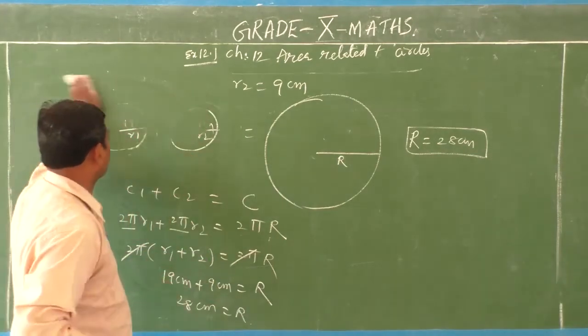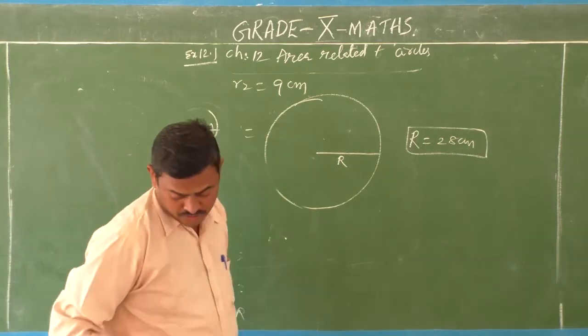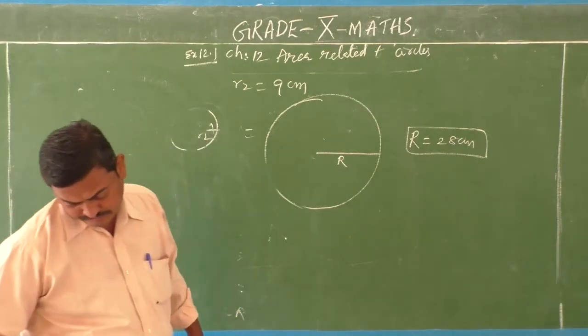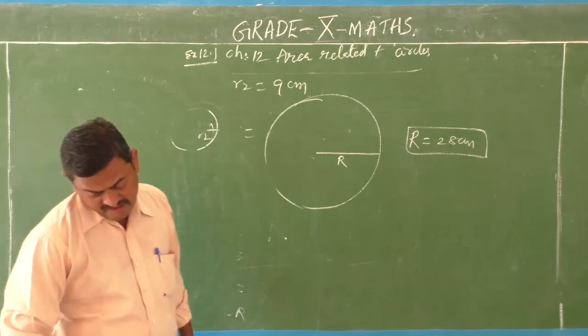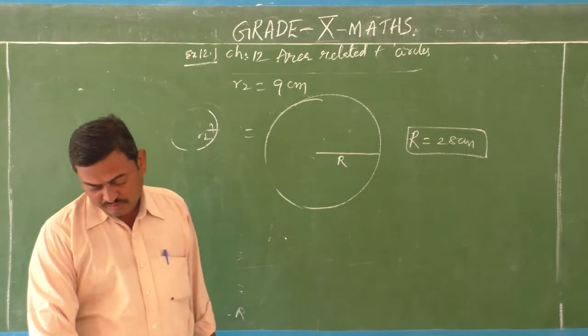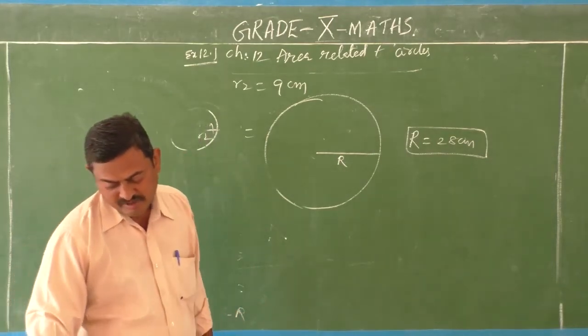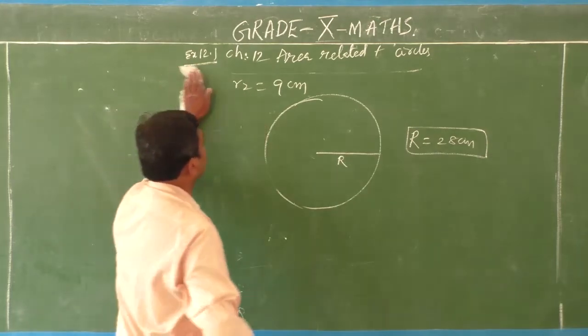Now go for the second question. What is given? The radii of the two circles are 8 centimeter and 6 centimeter respectively. Find the radius of the circle having area equal to the sum of the areas of the two circles.